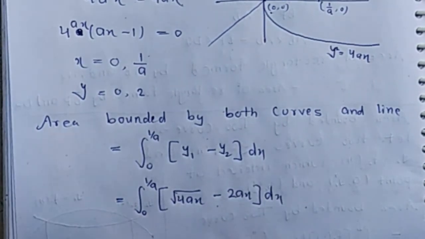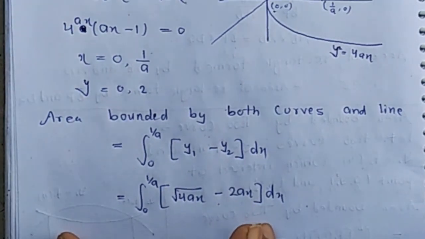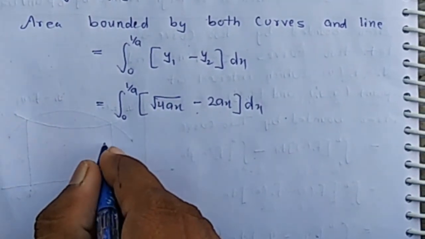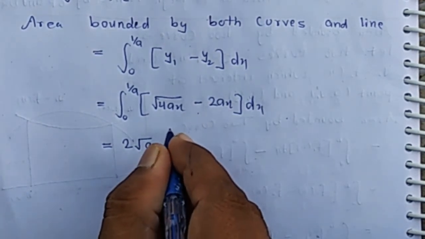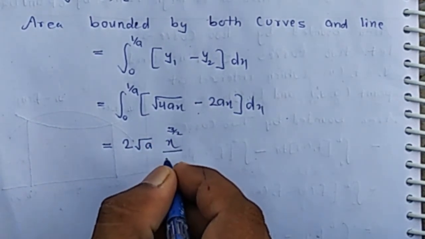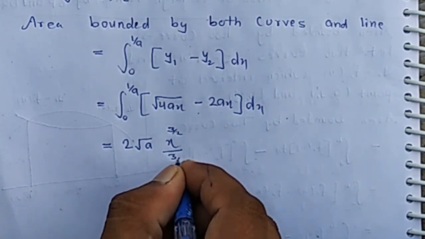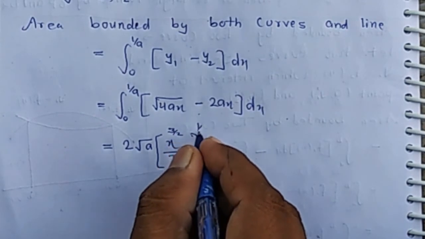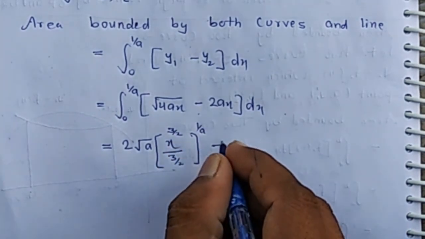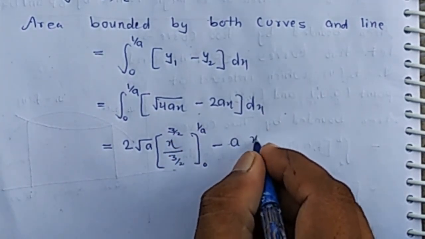Now integrate this term and get the required answer. We get x to the power 3 by 2 divided by 3 by 2, and x square.